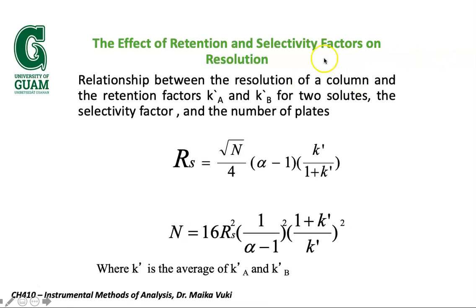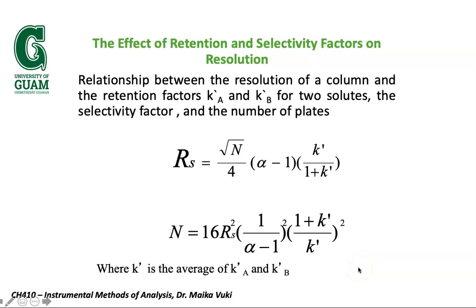Now in terms of the resolution, you can also see that resolution really is a function of this k term. Of course, the plate count is in there, but this k term, what does that mean?